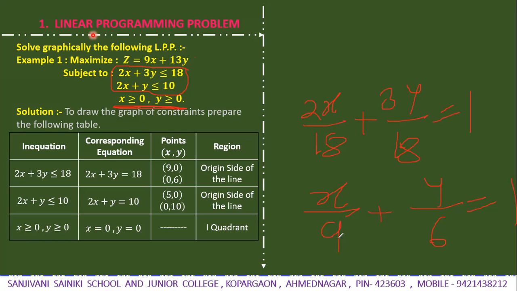So the first point is (9, 0) and the second point is (0, 6). These are the points on the axes. Similarly, find them for the second line.